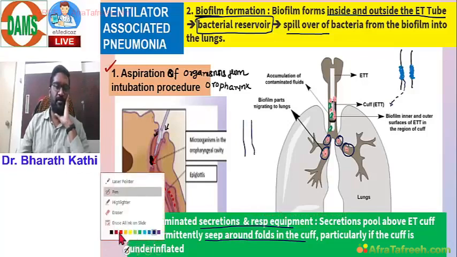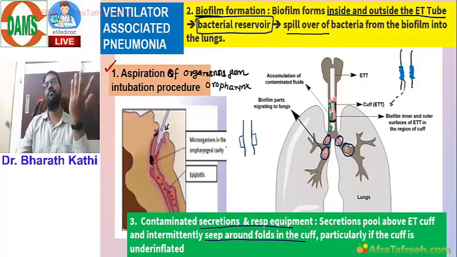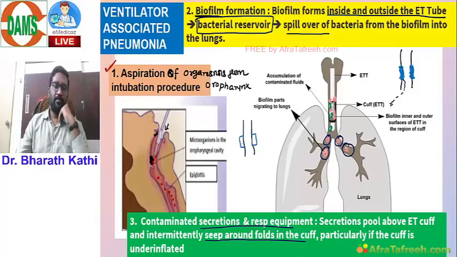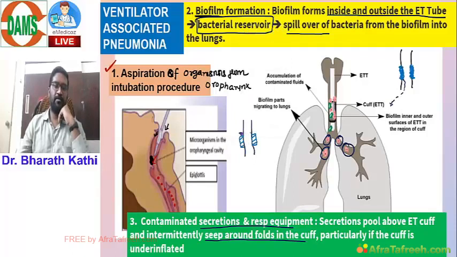So you should apply adequate cuff pressure. If you give excess cuff pressure, what will happen? There will be trauma to the trachea. You should adequately inflate the cuff. Once you inflate the cuff, whatever secretions are reaching from the oral cavity will just stay here.